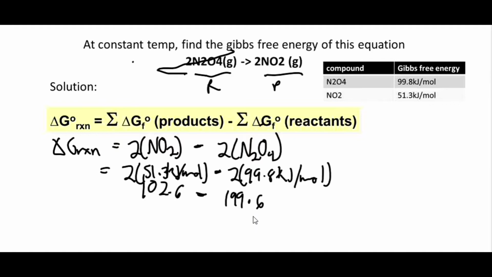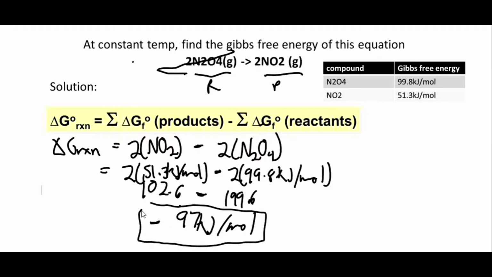So let's subtract it. 102.6 minus 199.6, so that's 97 kilojoules per mole, negative to be exact. Negative 97 kilojoules per mole.